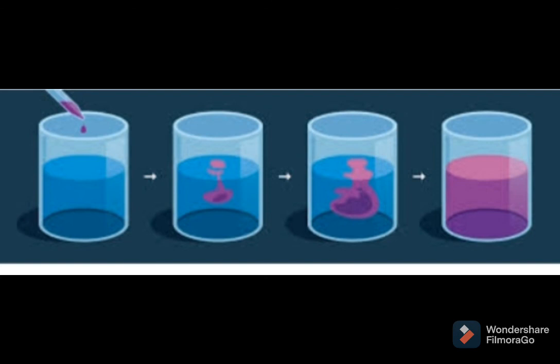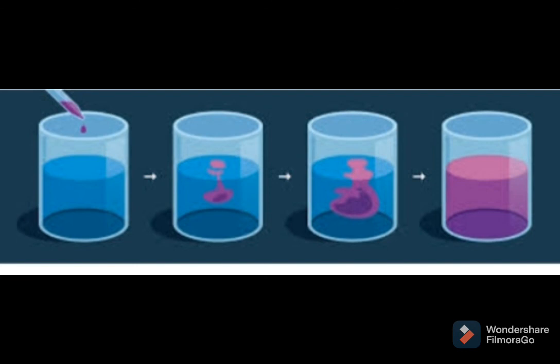Got it? What is diffusion? Diffusion is the movement of a substance from a region of higher concentration to a region of lower concentration. In this example, the red color particles spread from higher concentration to lower concentration, and then the whole solution turns red.